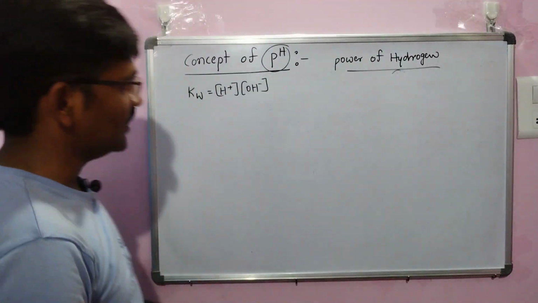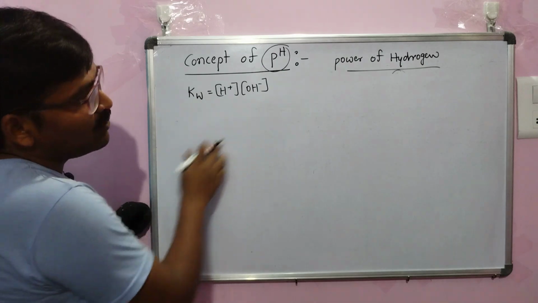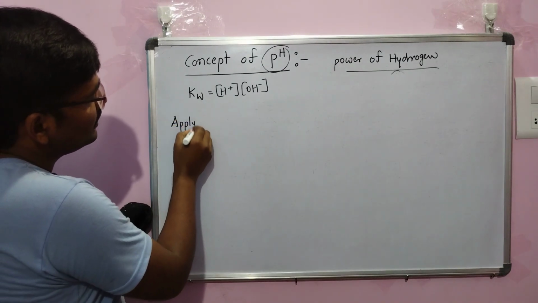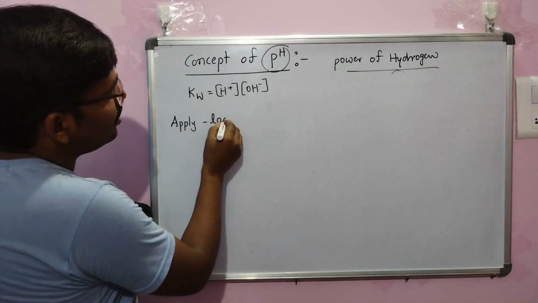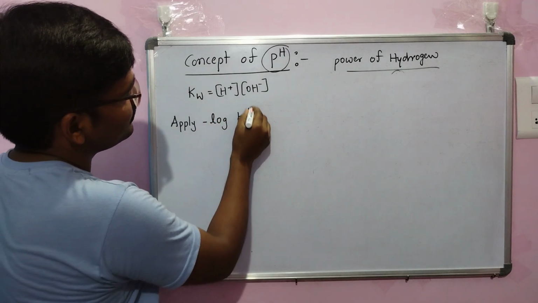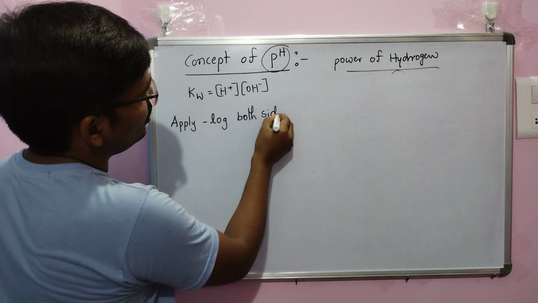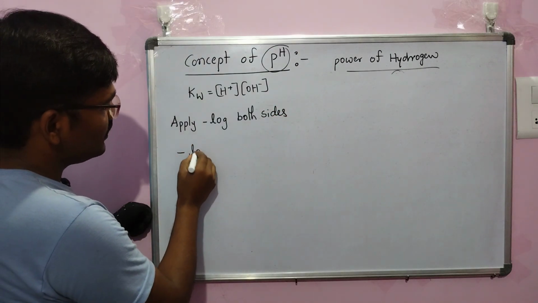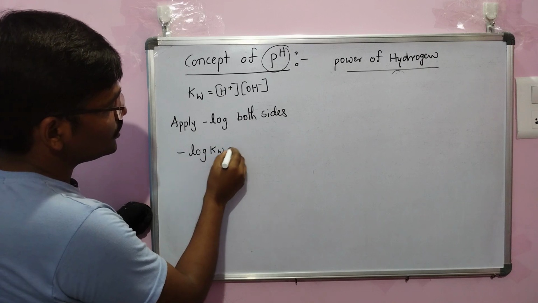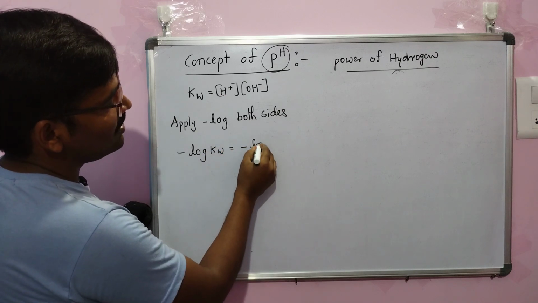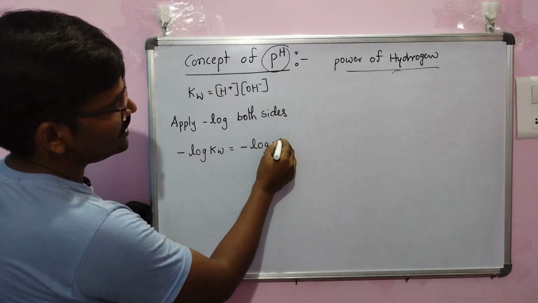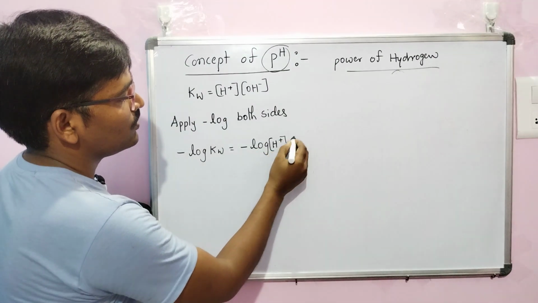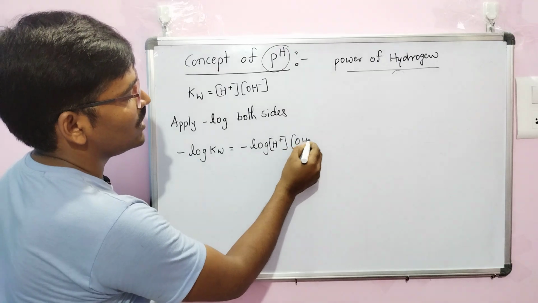Here if you apply negative log on both sides, minus log Kw equals minus log of H plus ion concentration into OH minus ion concentration.